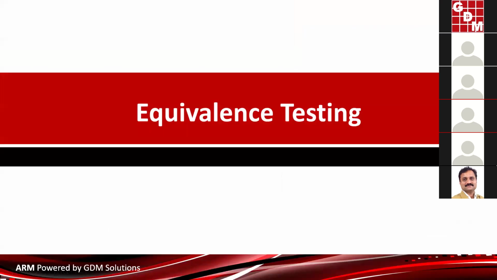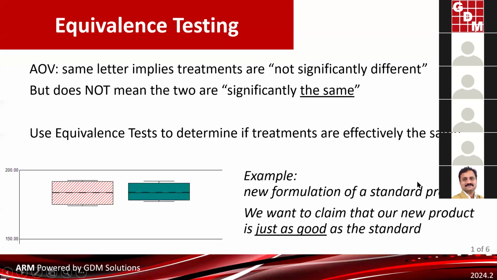All right, so switching gears a little bit, we have equivalence testing as the other statistical function that we added. This one is more recent, earlier this year. And so the idea with equivalence testing is in the existing AOV that we were just looking at in ARM, we get those mean comparison letters.